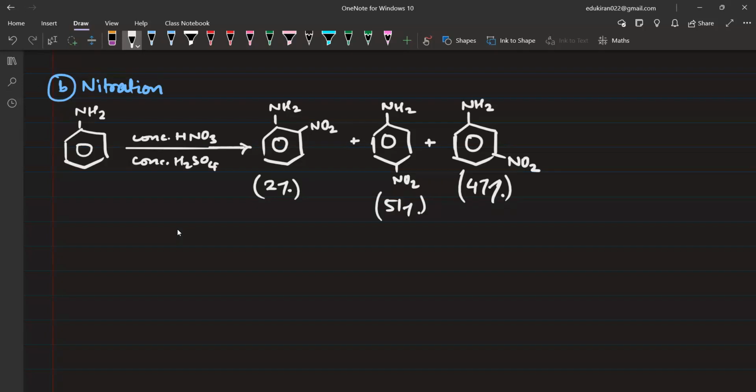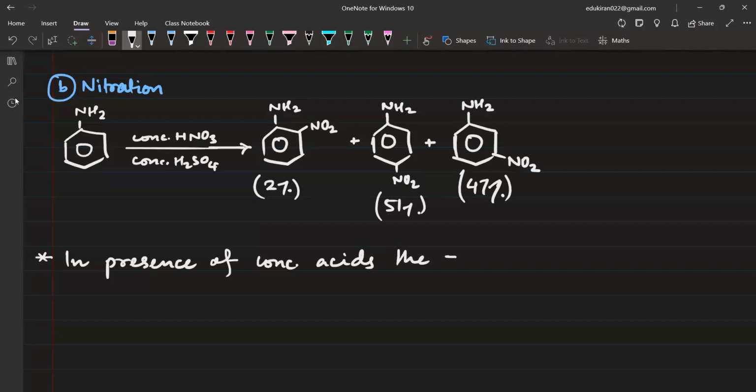अब ये सवाल आता है, why even though NH2 is OP directing, but still it gives a significant amount of meta nitro products? Why? So we will write here, in presence of concentrated acids, both H2SO4 and HNO3 are what? Concentrated acids.